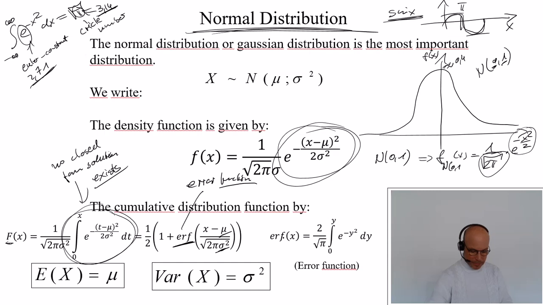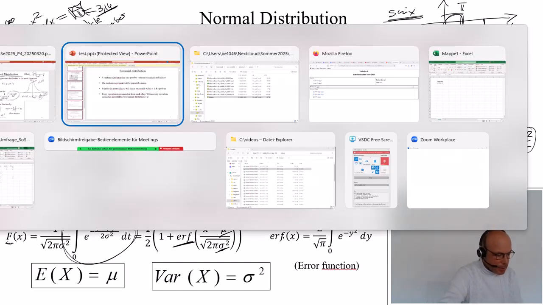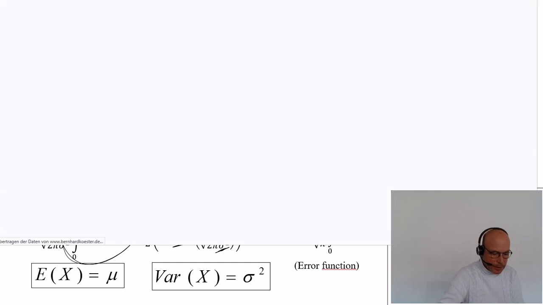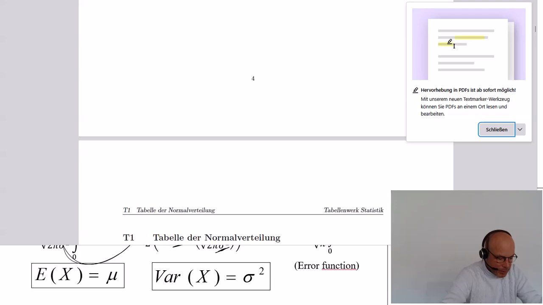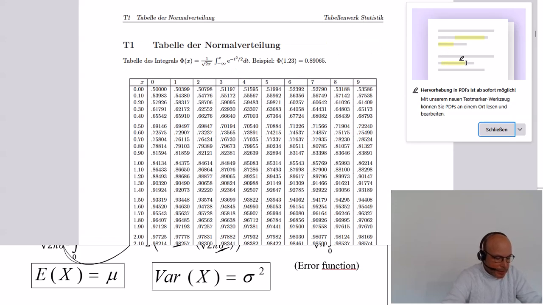And on my web page I also gave you the tables of needed distributions, and here you see capital phi is tabulated as the so-called error function, here with respect to the standard normal distribution with expected value 0 and variance of 1.